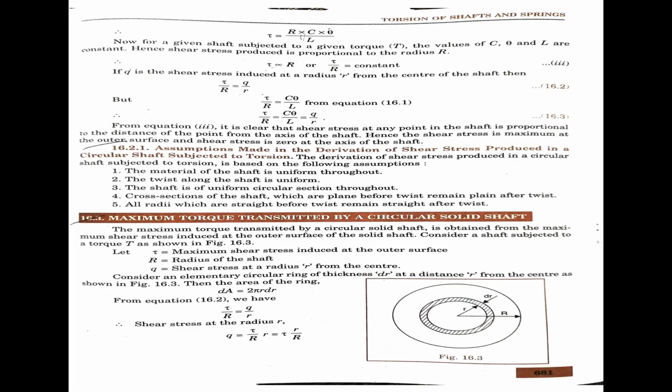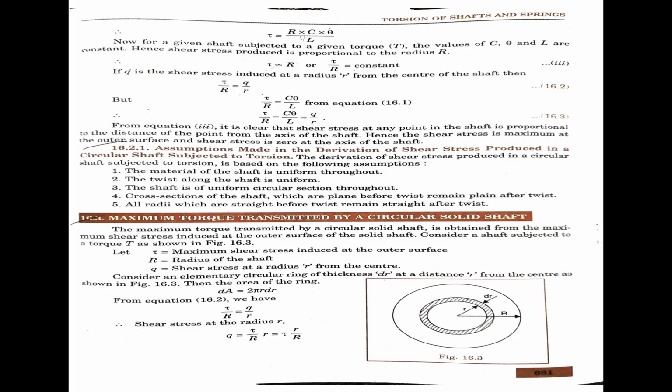These are the assumptions for this derivation part. You know the derivation for equation 16.3, tau by R equal to capital C theta by L equal to small q by small r. This is the equation for a circular shaft in torsion. That is the derivation part.